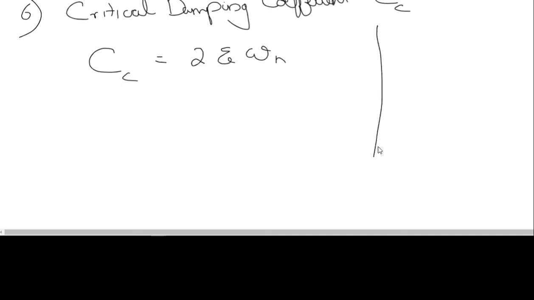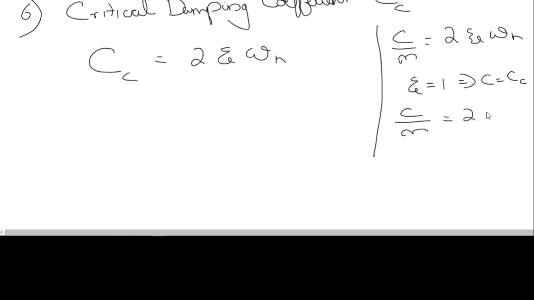We know C by m is equal to 2 epsilon omega n. So epsilon equal to 1 is the critical condition, that means C is equal to Cc. If you put C by m is equal to 2 times omega n, you will get Cc is equal to 2m omega n.